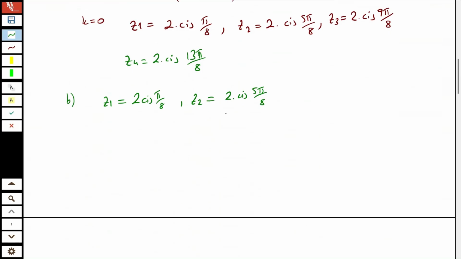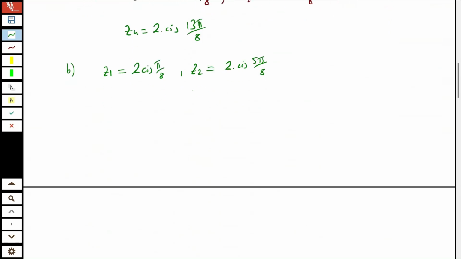If these are the terms of the geometric sequence, the ratio is going to be Z2 divided by Z1, which is 2 times cis 5 pi over 8 over 2 times cis pi over 8.